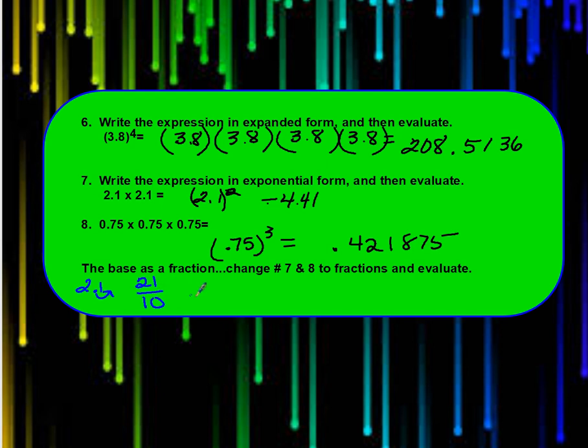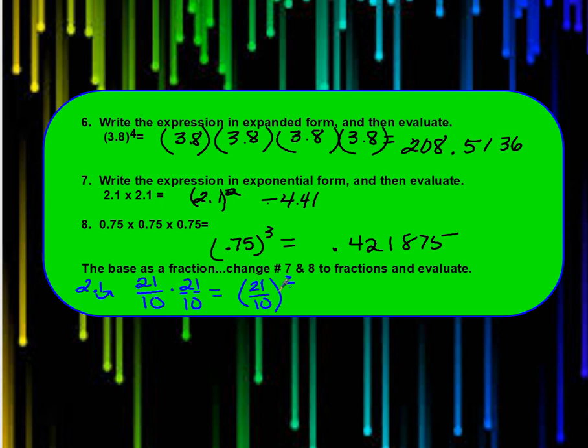As we look at the whole problem, we have 21 tenths times 21 tenths because there are 2 of them. First we could write it as 21 tenths squared.